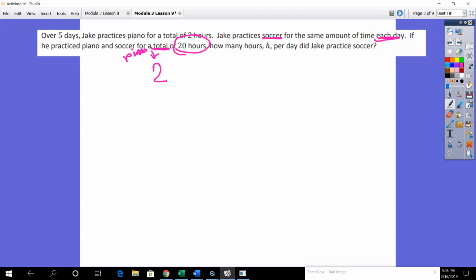And we don't know that, so we're also going to have plus those 5 days, some number of hours that we don't know. And everything is a total of 20 hours. So piano, this is for the soccer, and this is the total.